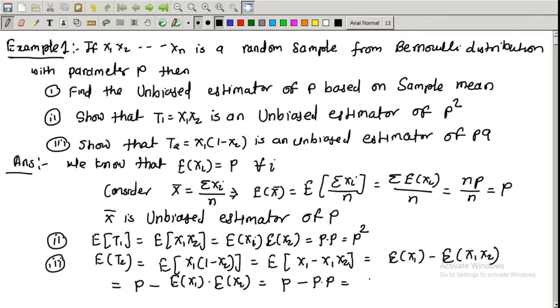If I take p common, what is remaining? 1 minus p, but 1 minus p is q, so p into q. So T2 is an unbiased estimator of p into q.